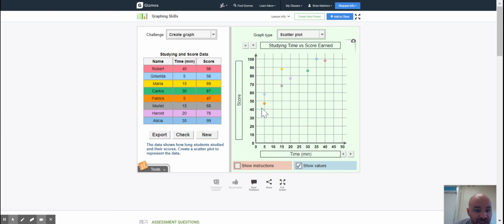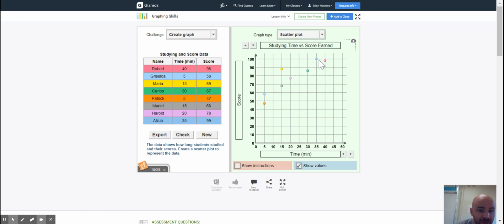Generally, it's going in a positive or an increased slope, positive slope. So when the time studied is low, the score is also low. Then as we go out and find more time studying, more minutes studied, the score generally increases.